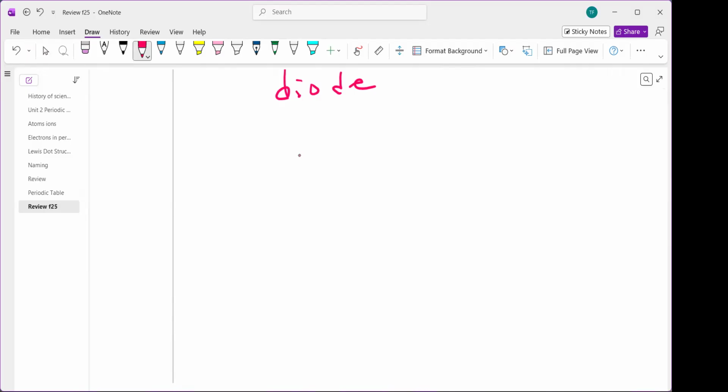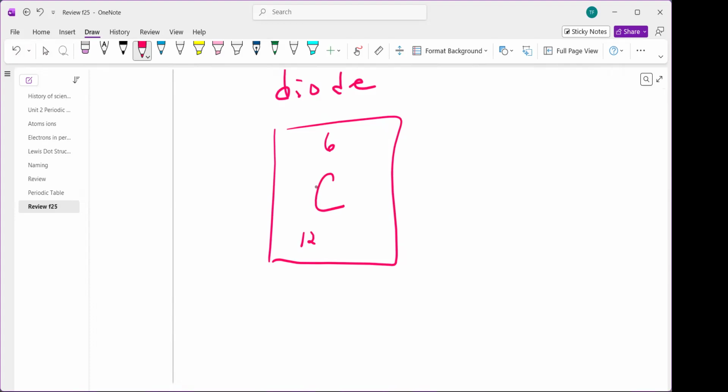Okay, let's talk about the numbers now. The integer is called the atomic number.